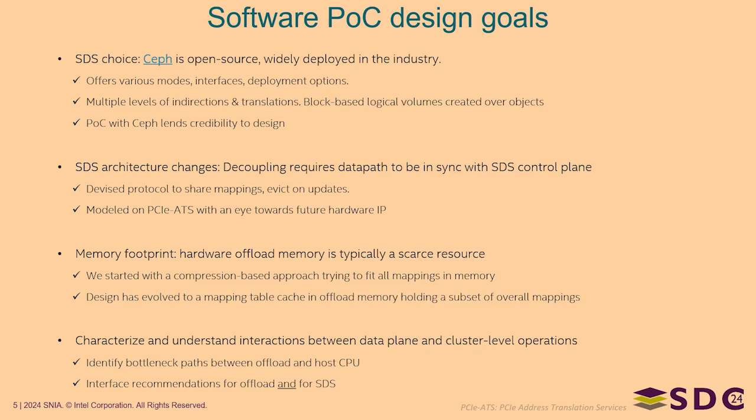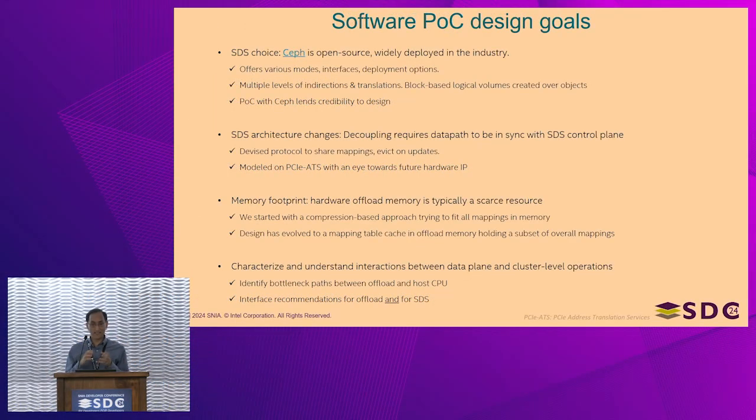So if for whatever reason the underlying data for a given logical extent or a given object is moved, then if the SDS has already shared the mapping for the previous location of that object, it better be able to yank it out from the companion module.